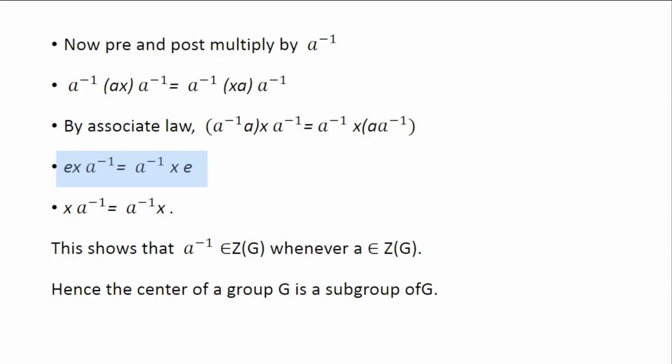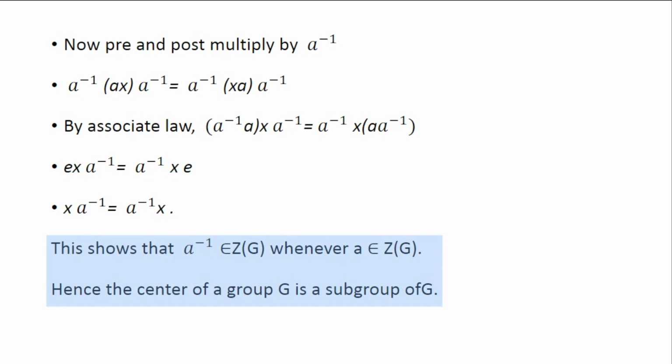By associative law, a to the power minus 1 into a is e, so e into x a to the power minus 1 is equivalent to a to the power minus 1 e x, so x a to the power minus 1 is equivalent to a to the power minus 1 into x.